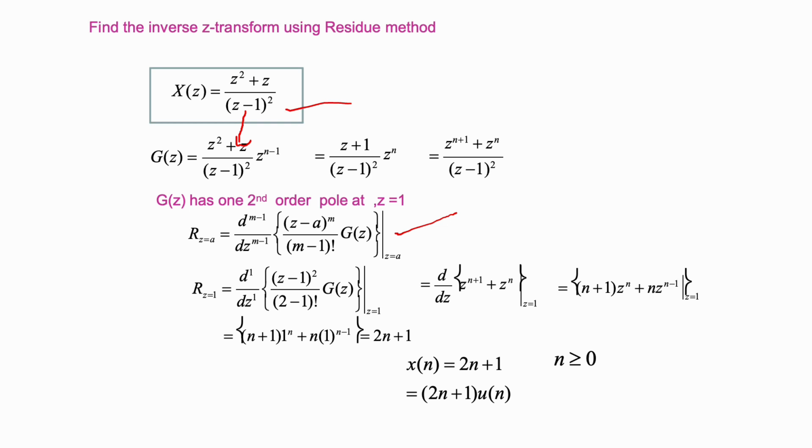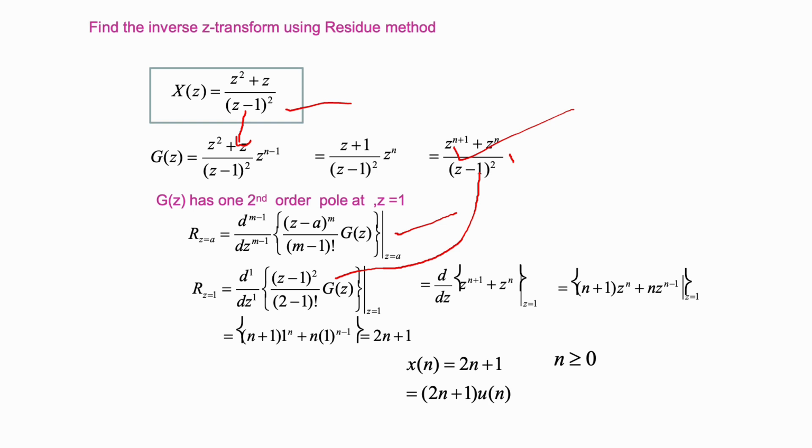So d by dz of (z minus 1) whole squared times g(z); g(z) is nothing but this part, which we got here.